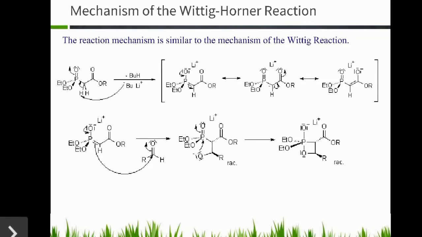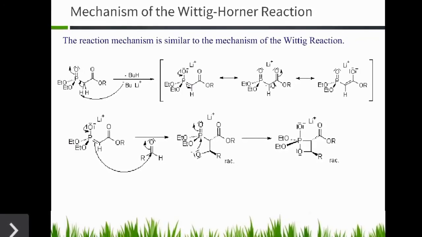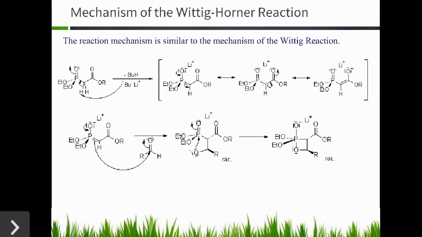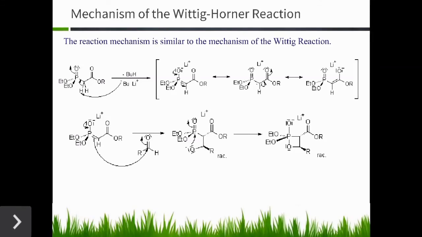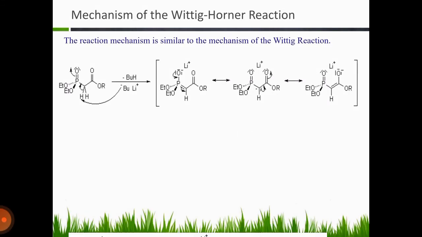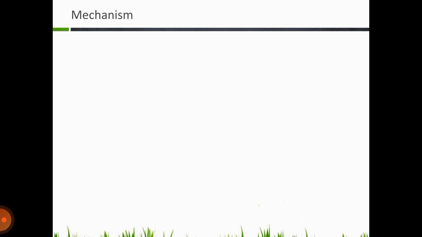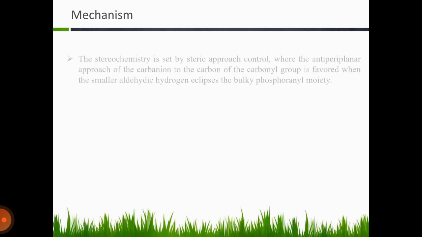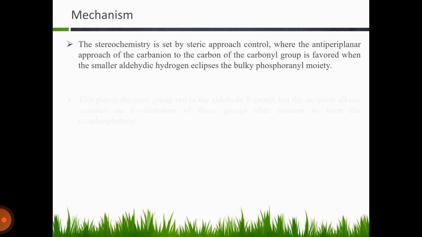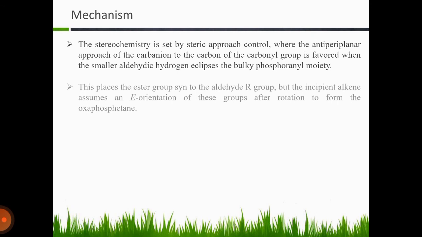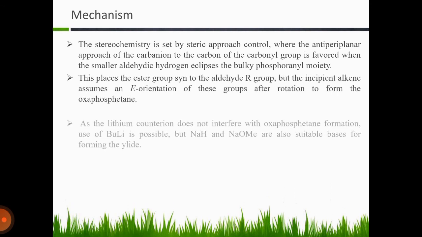So these three are the resonance structures. This is how the ylide is stabilized. This places the phosphoranyl moiety in an eclipsed condition. This places the ester group syn to the aldehyde R group, but the incipient alkene assumes the E orientation of these groups after the rotation to form an oxaphosphetane.